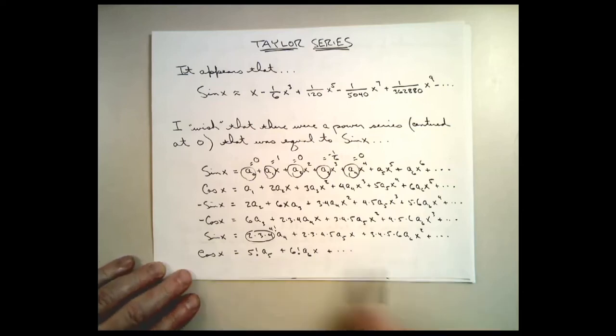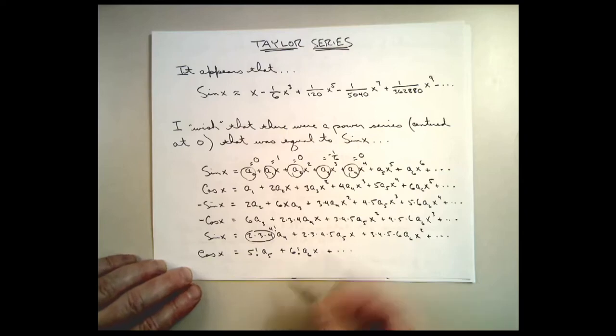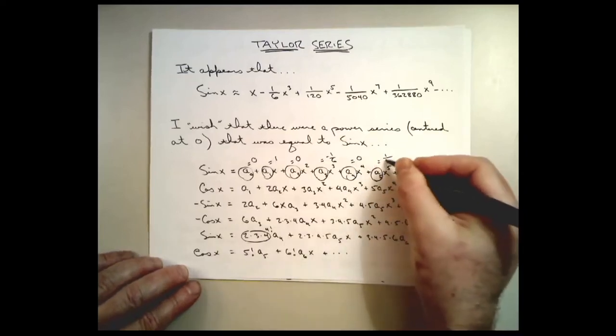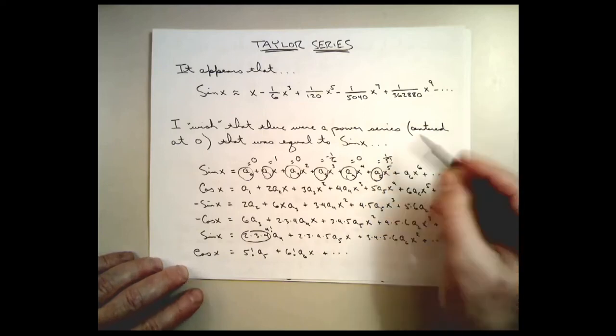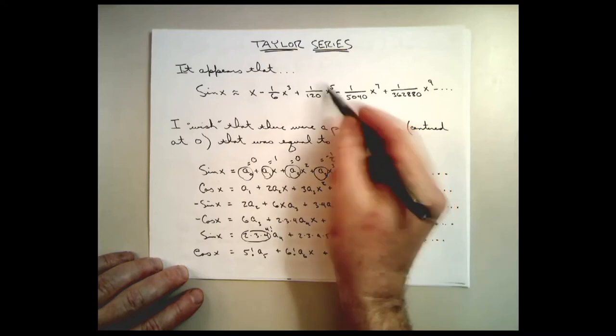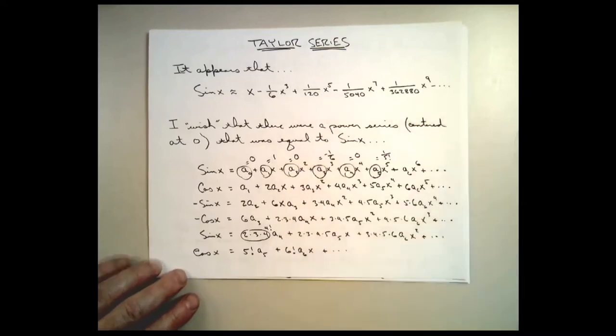Whenever x is 0, this side collapses down to 5 factorial times a5. Cosine of 0 is 1. So a5 must be 1 divided by 5 factorial. And if you check, 5 factorial is in fact 120, and so that agrees with what I've got there as well.